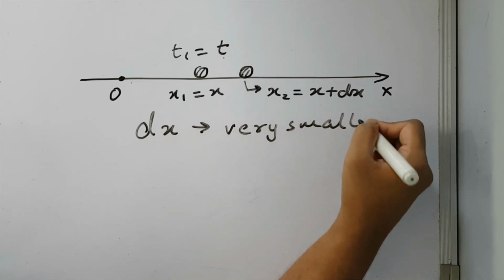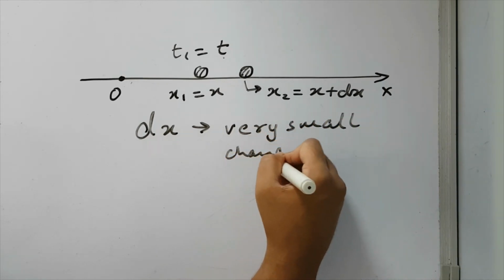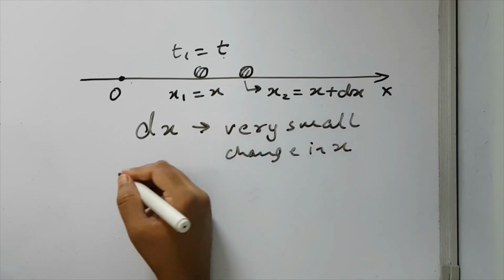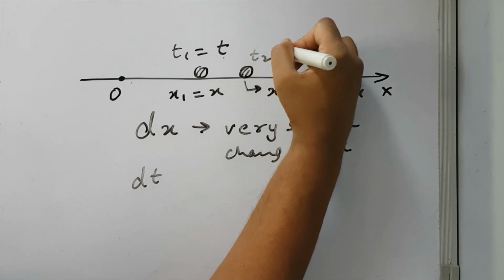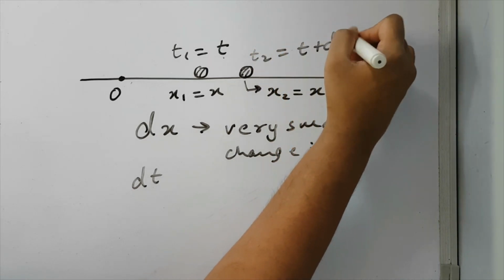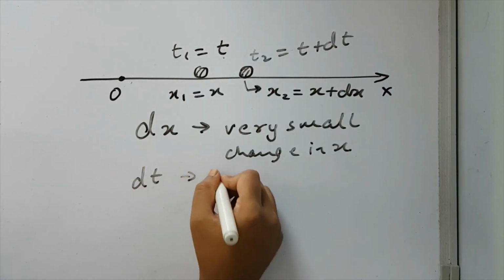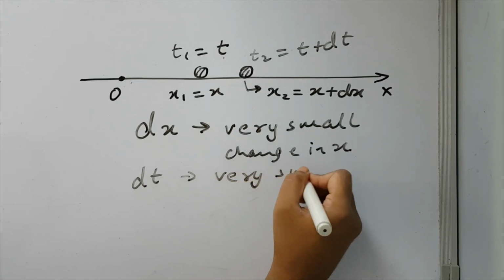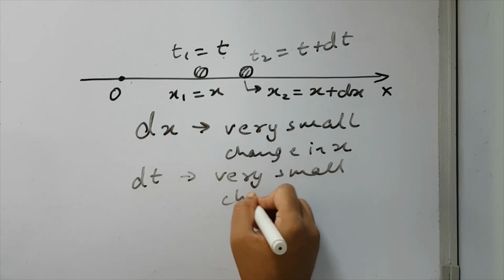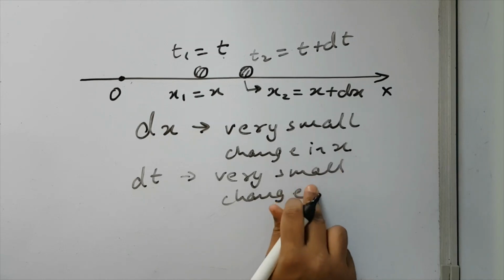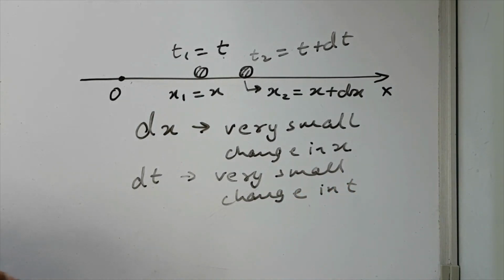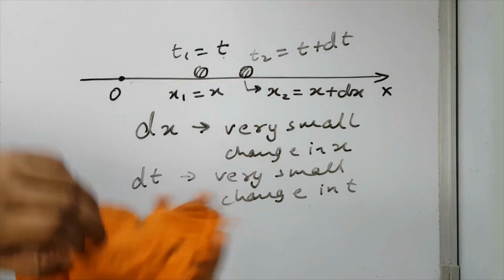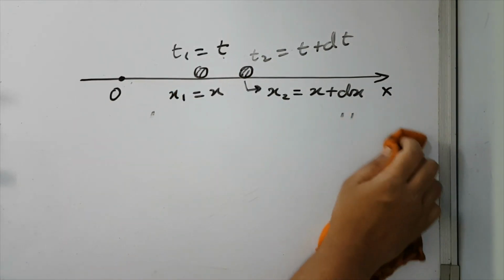So this is very small change in x. And when I write dt, which is this time t2 is t plus dt, dt is the very small change in time t.